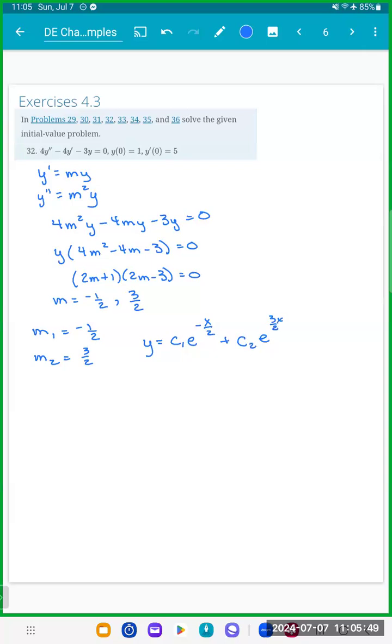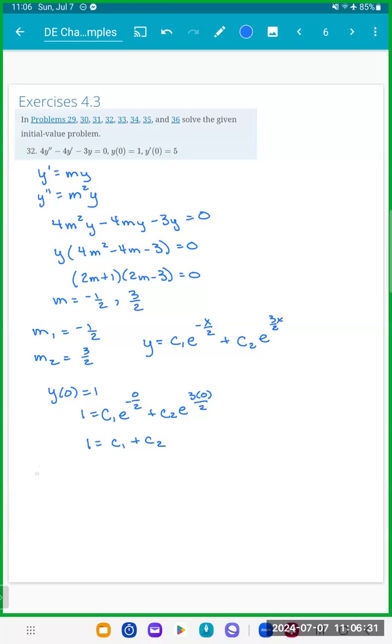Okay, but this one we were given an initial condition, and so for that we were given y of 0 equals 1, so 1 is equal to C1 e to the negative 0 over 2 plus C2 e to the 3 times 0 over 2. And so that's going to simplify to 1 equals C1 plus C2. So that's going to give us our first equation.